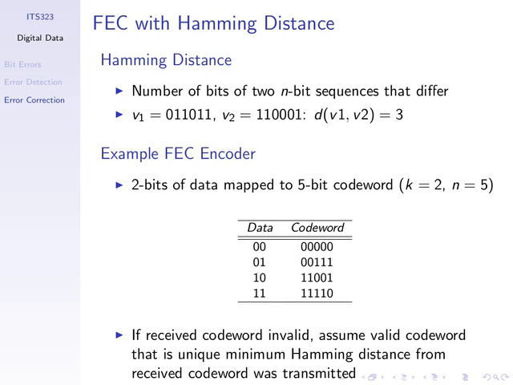And the decoding is simple. Take the code word and get the original data from the table. Receive code word 00111, it's valid, therefore look up in the table and our received data is 01. Of course, this is a simple case because there were no bit errors.